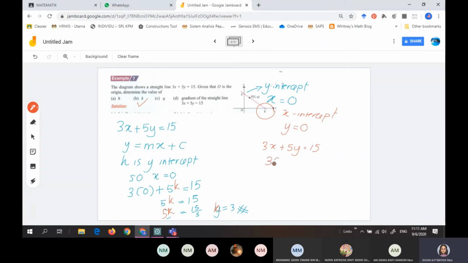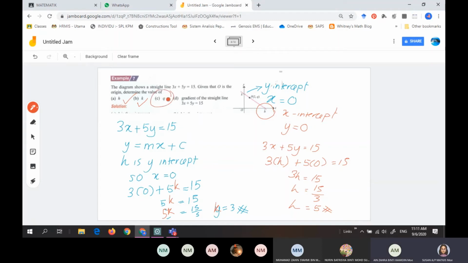I'm going to change x as h, plus 5 times y which is 0, equals 15. So 3h is equivalent to 15. h is equivalent to 15 divided by 3, which gives you 5. So we already have the answer for h.